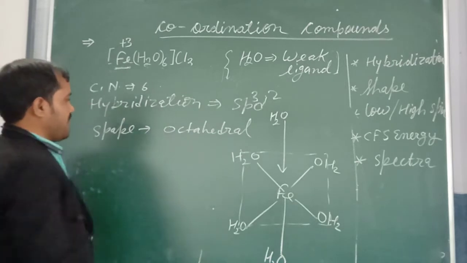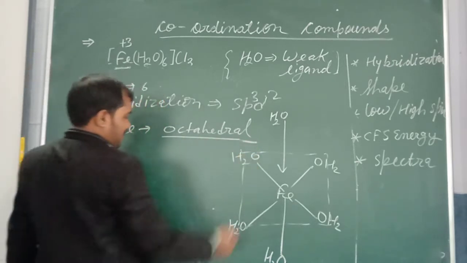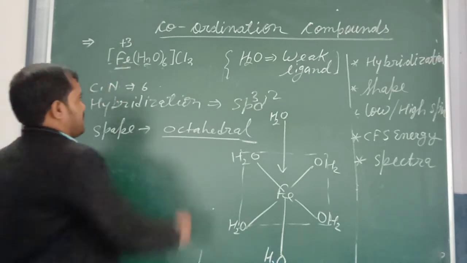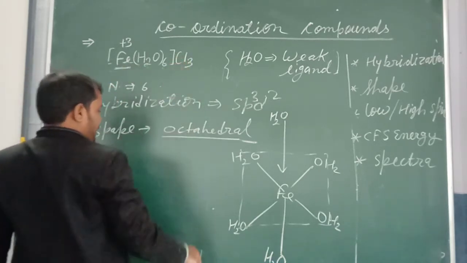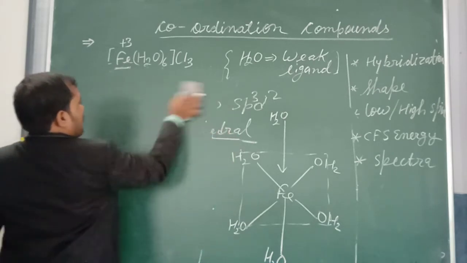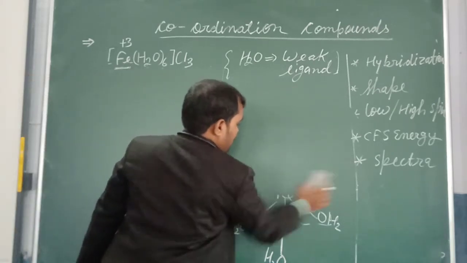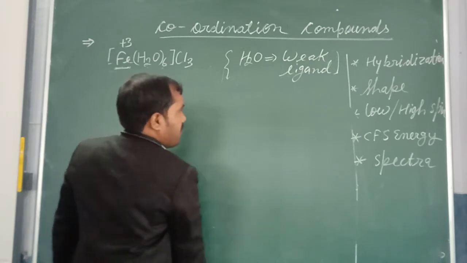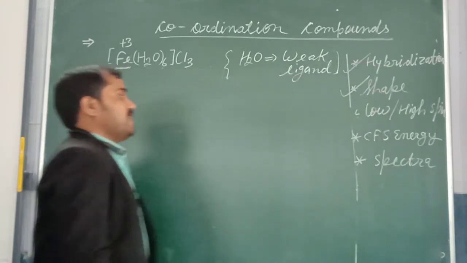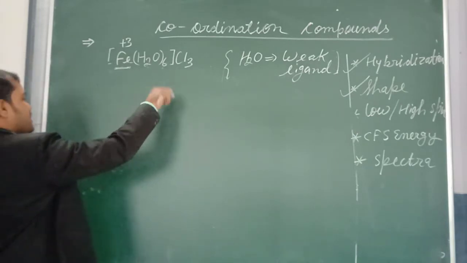So what is the shape, my dear? Octahedral shape for this coordination complex. Understood, my dear? Now please come. See here what we have discussed: hybridization, shape, low spin or high spin. So we will see once again the same thing.